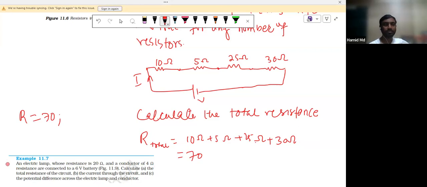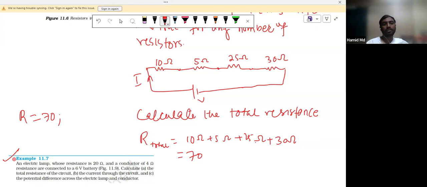So now this is the question for you. An electric lamp whose resistance is 20 ohm and a conductor of 4 ohm resistance are connected to a 6 volt battery. I won't show the figure.